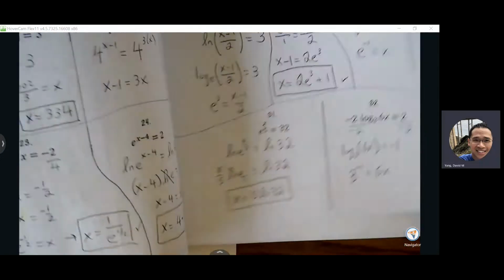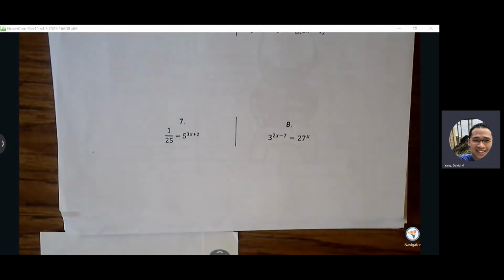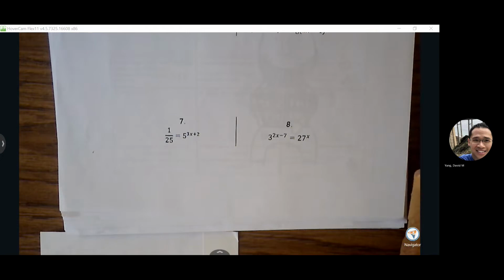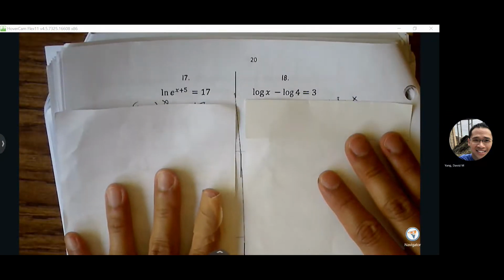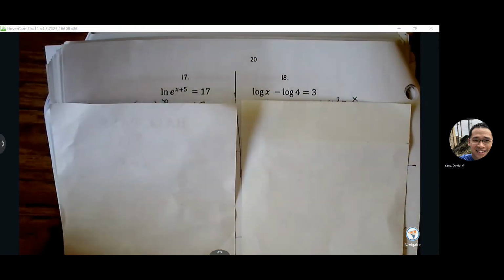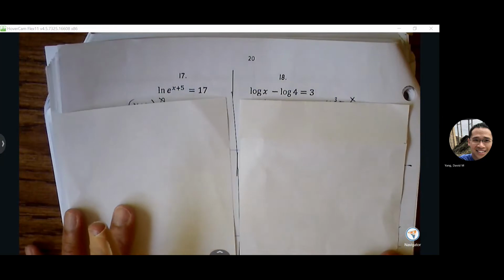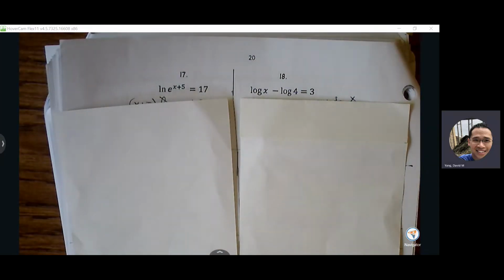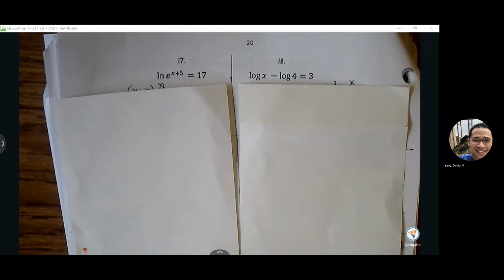All right, I think we can get through the next 2 pages as well. So let's go to page 20. Notice that the left side is already in log form.